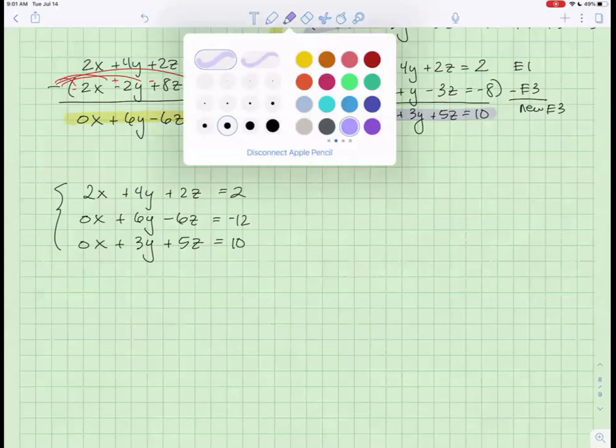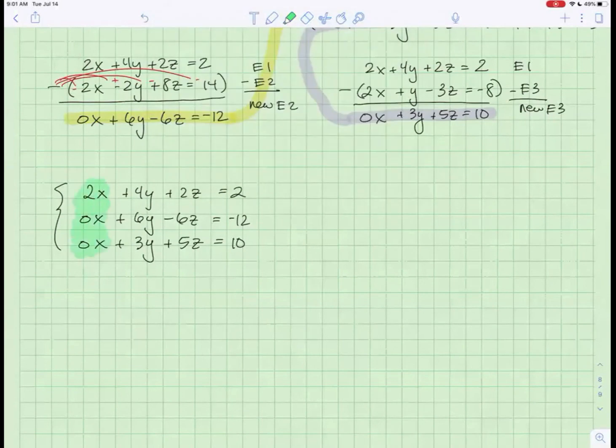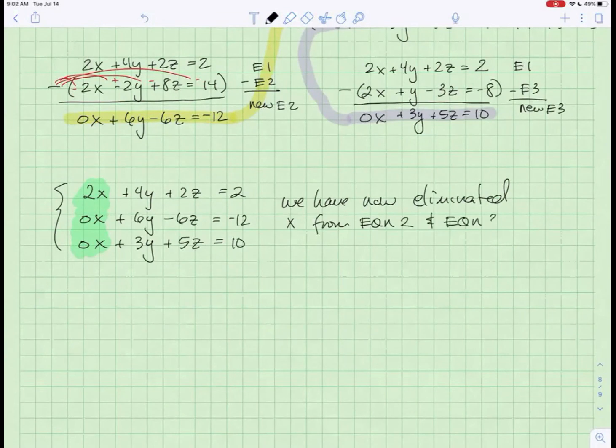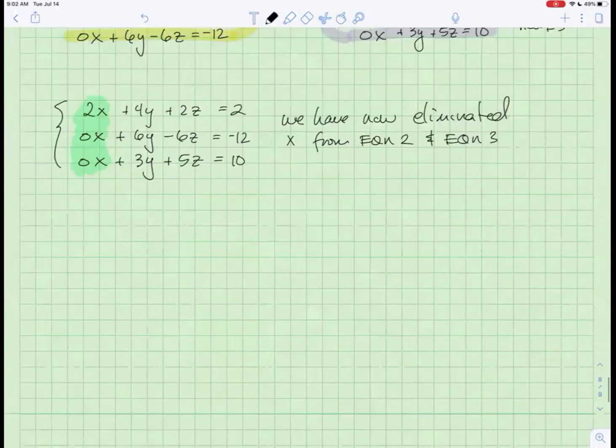What we want to note here is we have now eliminated x from equation 2 and equation 3. That is, quite separately, 6y minus 6z is equal to negative 12, and 3y plus 5z is equal to 10.